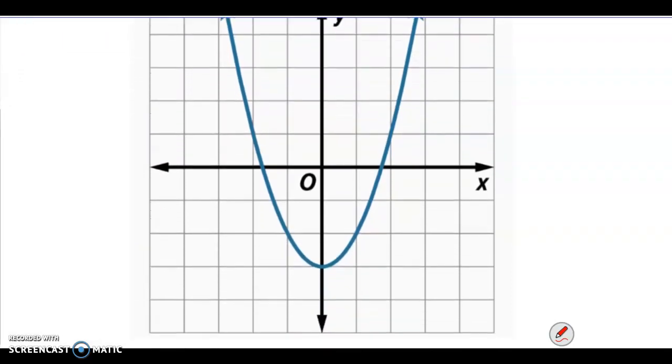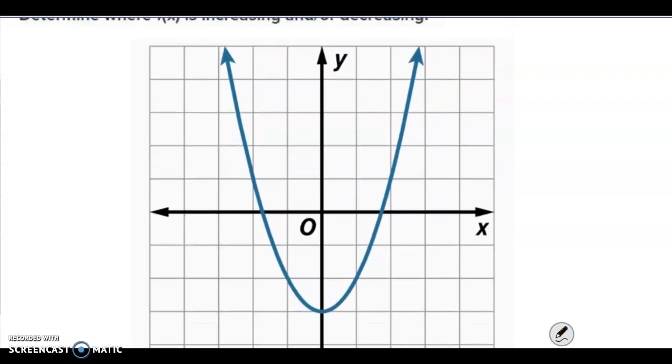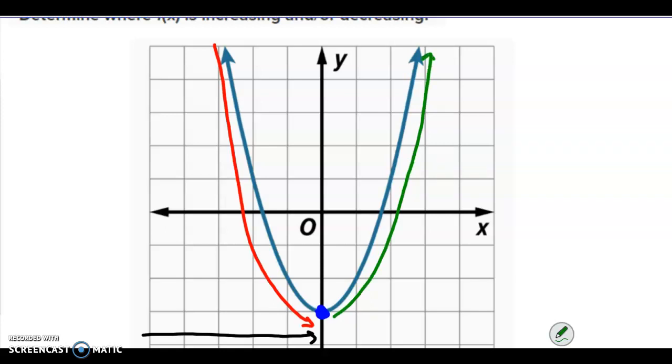So here, determine where x is increasing or decreasing. Remember, we're looking from left to right. So from left to right, we are decreasing all along this left-hand side of the parabola until we get to this one important point. And then we turn back around and we're going to be increasing.